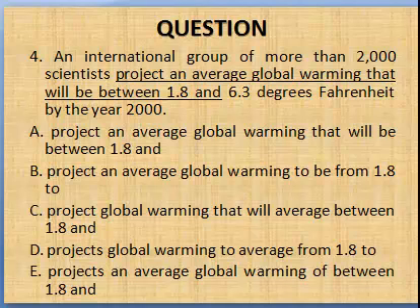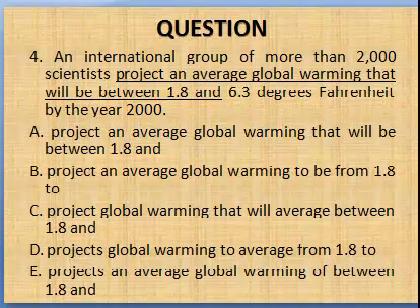So project an average global warming to be from, to be is never preferred like being. So project, scientists project. So of course it's projects, they don't project, there are many scientists, so project makes C go out. So projects global warming to average from, projects an average global warming between.